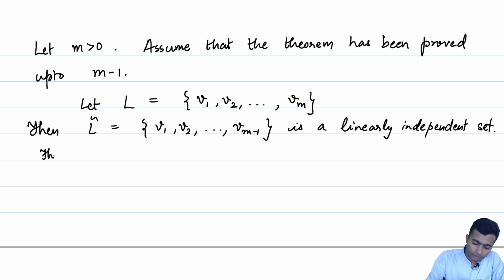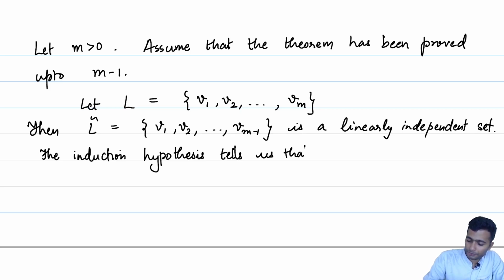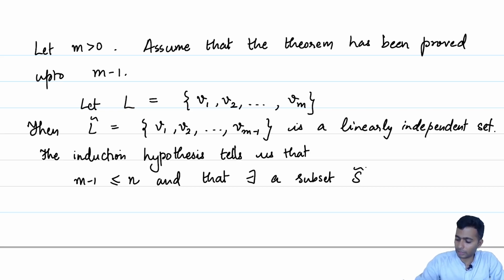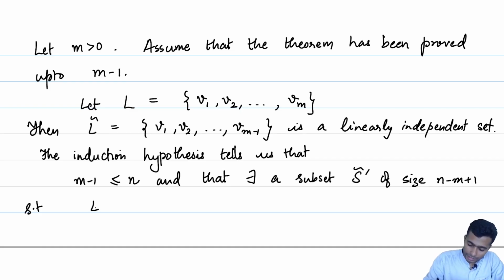So the induction hypothesis tells us that m minus 1 is less than or equal to n, and that there exists a subset corresponding to L tilde, S tilde prime of size n minus m plus 1, such that L tilde union S tilde prime is a spanning set.